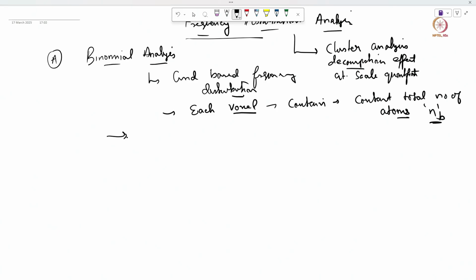For the analysis, it means the frequency with which atoms of some particular element, for example A, occur per block.